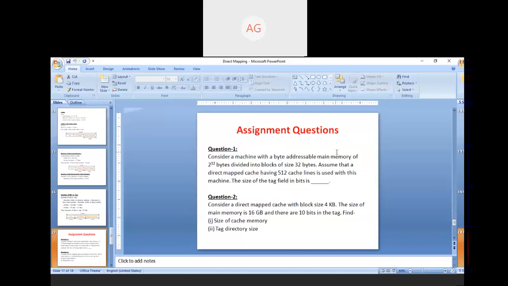These are the two questions based on direct mapping. Just take a picture of these two questions, and you need to submit them next week.